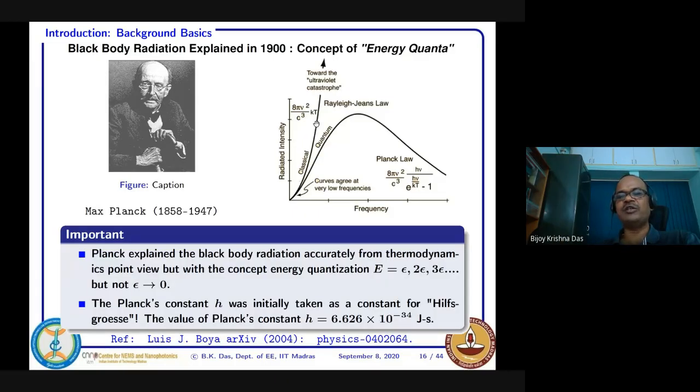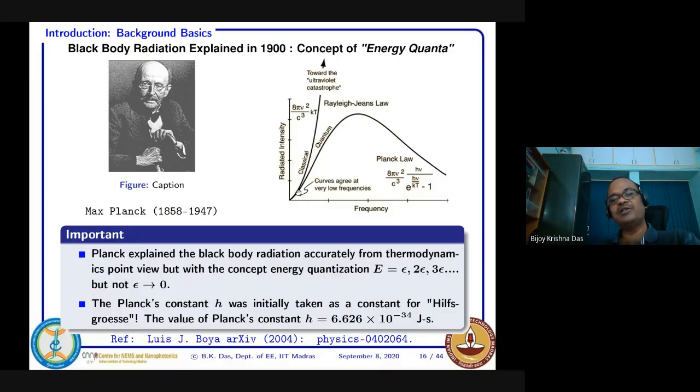They ended up with this equation: 8 pi nu square by c cube kT. T is the temperature of that body and k is the Boltzmann constant. Using the physics and thermodynamics known at that time, they came out with this type of formula.